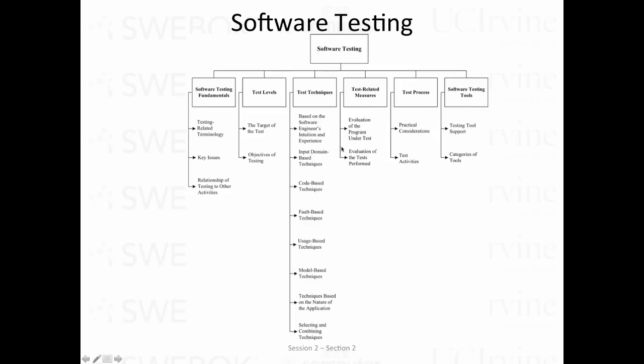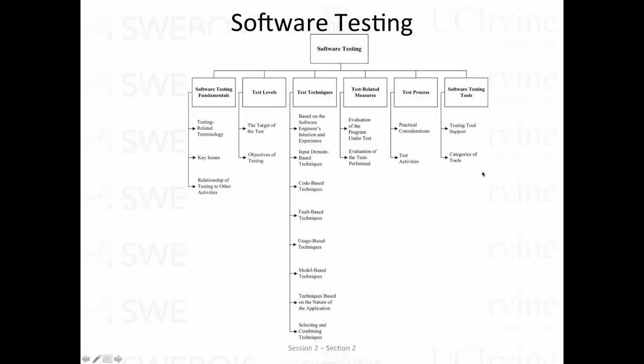I want to look at some test-related measures of evaluation of the program under test and evaluation of the test performed. For the test process itself, I've looked at the practical considerations and the test activities. I can't have 1,000 people pushing against the code; I may only have 2 or 3. I've got to look at automated testing. I've got to look at how I get all these people organized if I do have a lot of testing.